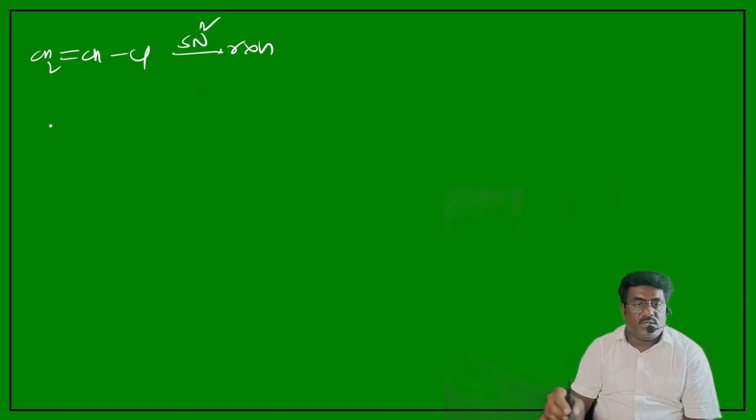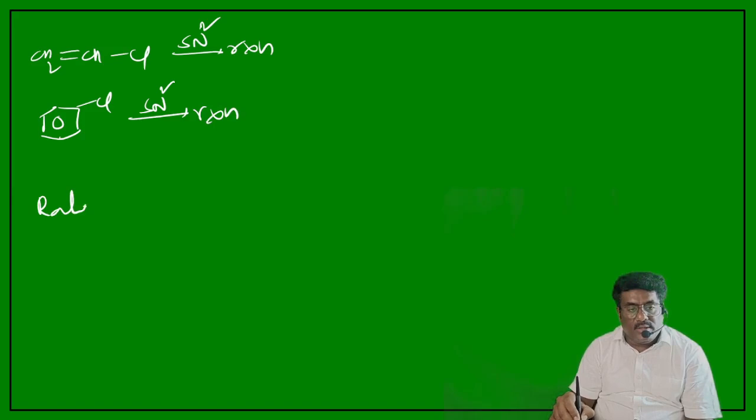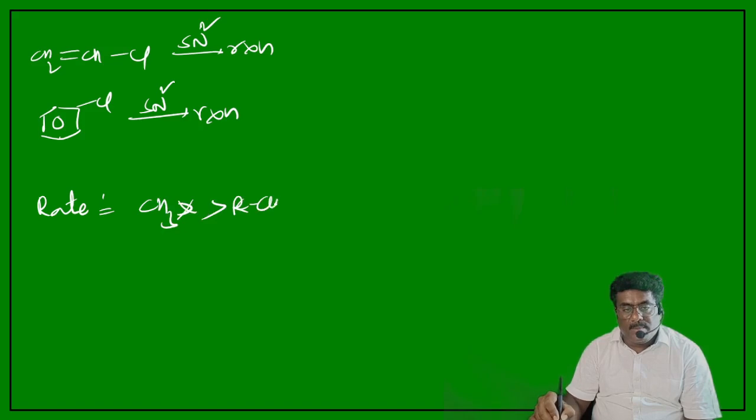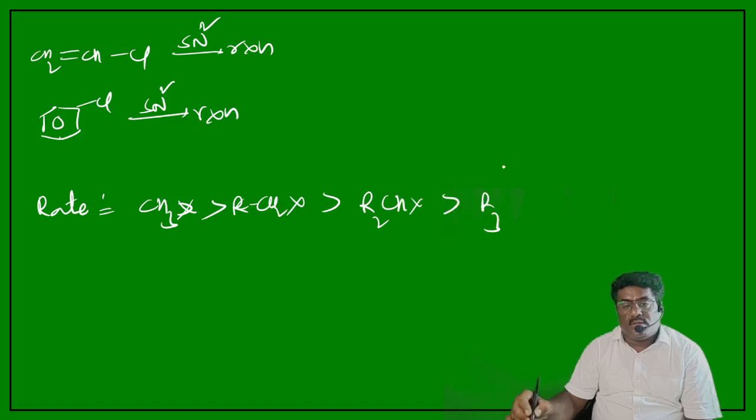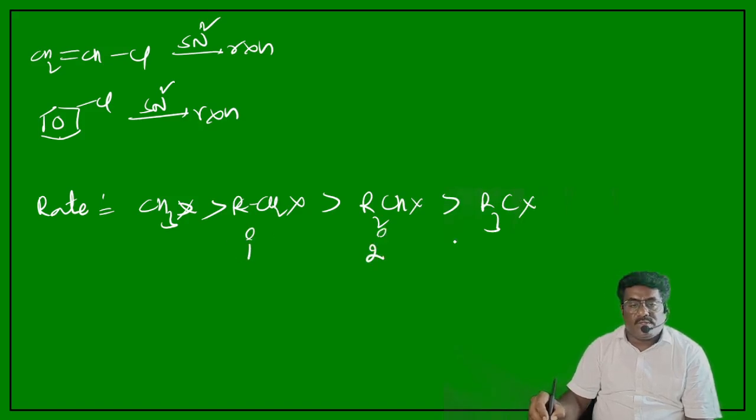For rate, primary alkyl halide RCH2X is more reactive than secondary R2CHX and tertiary R3CX. Primary has greater reactivity than secondary and tertiary for SN2.